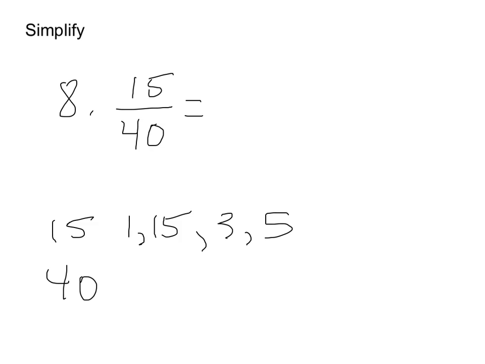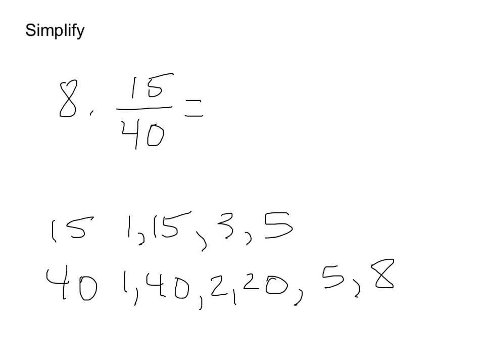And 40 is going to have a lot more factors, 1 and 40, and 2 and 20, and 5 and 8, and 4 and 10. When I look, I notice that 5 is a common factor for both of these numbers.